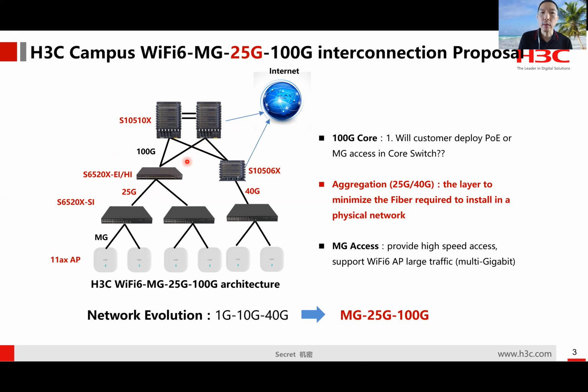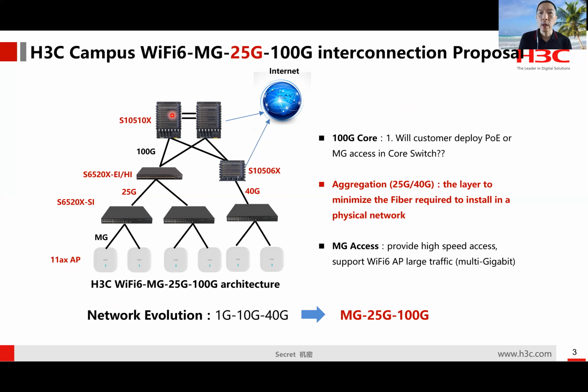And when you deploy this, you have your access switches. So normally we call this a 3-layer design. Now, on the core switch, would you deploy PoE or multi-gigabit access? That means, do you allow these kinds of devices to connect directly to the core?